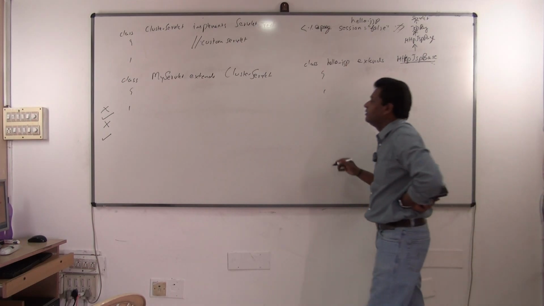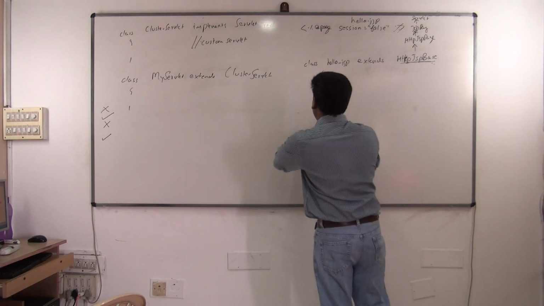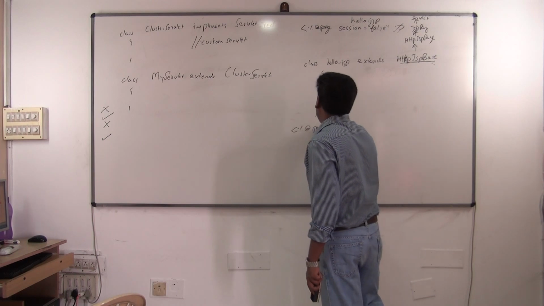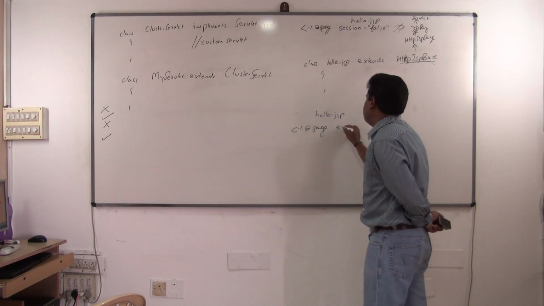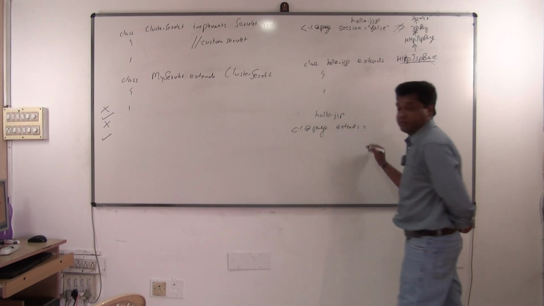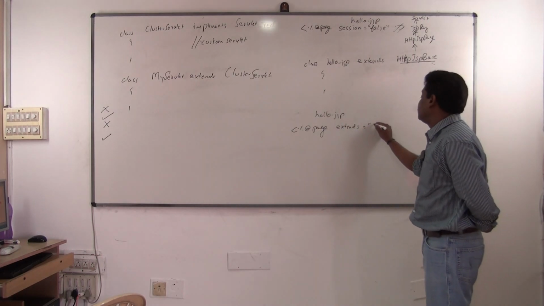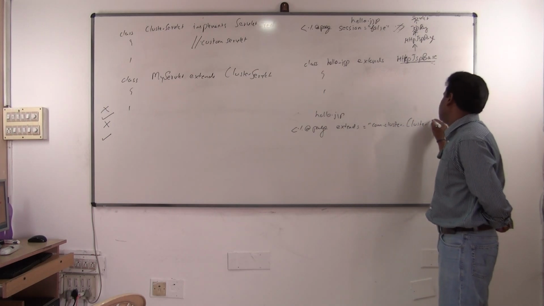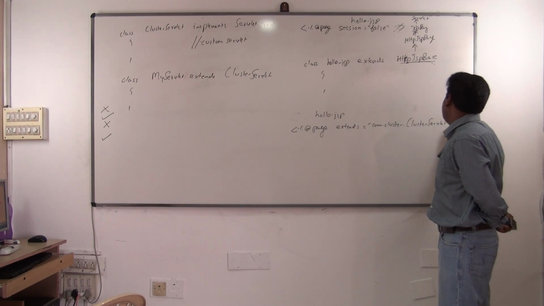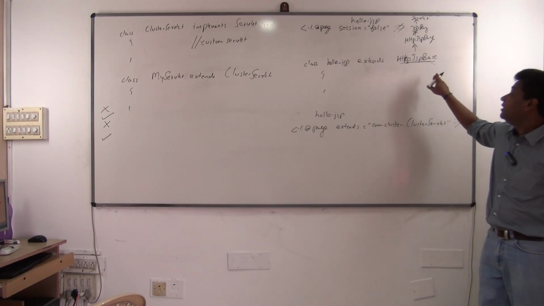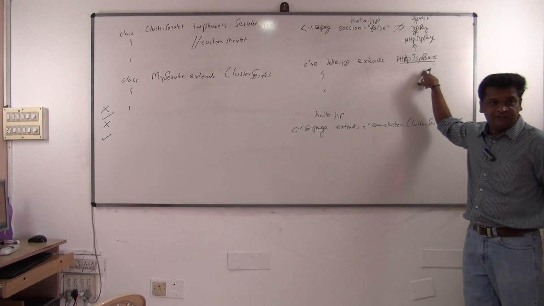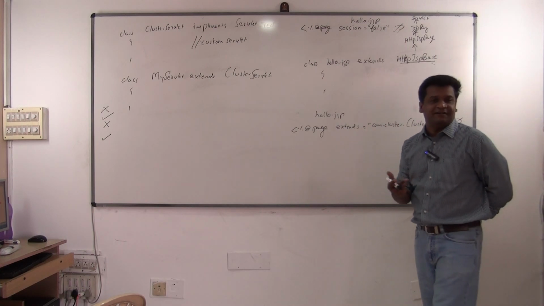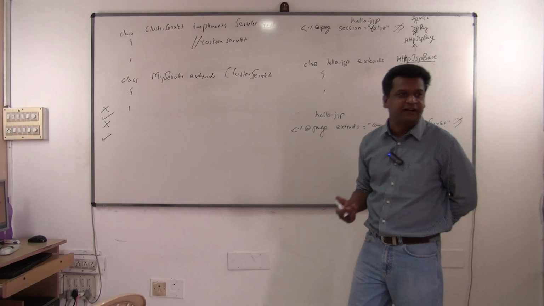In hello.jsp, you write <%@ page extends="com.cluster.ClusterServlet" %>, with the fully qualified class name. So when your JSP gets converted to .java, instead of extending HttpJspBase, it will be extending ClusterServlet, because here the code has to be generated. We are not writing the code. Think practically.